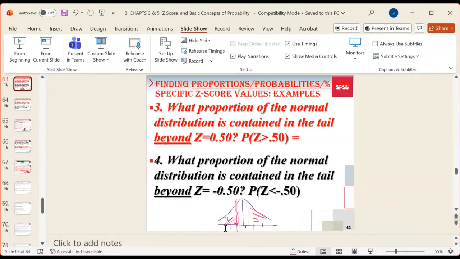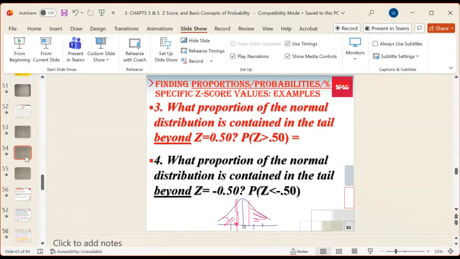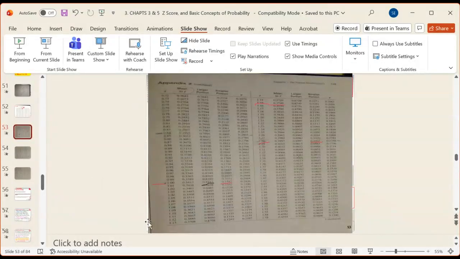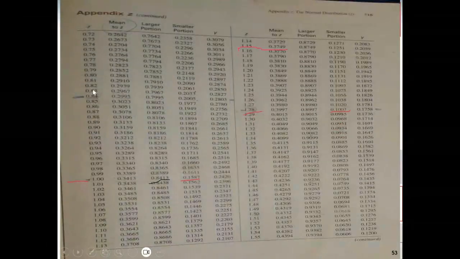And then you go there, and so we're interested in z is 0.5, and what would be the tail? Let's go look it up, and you have an answer for both of them.